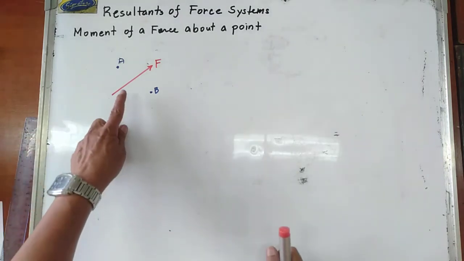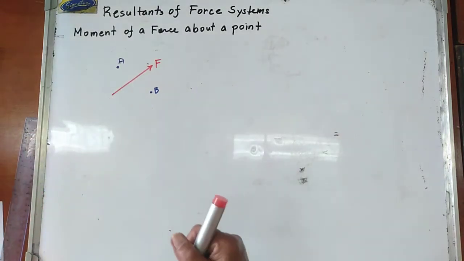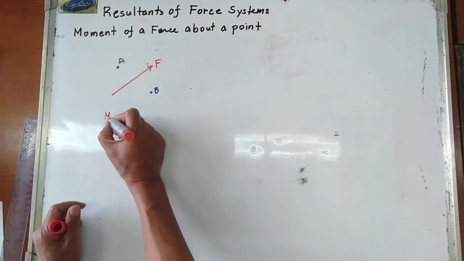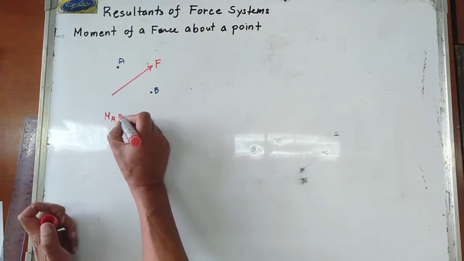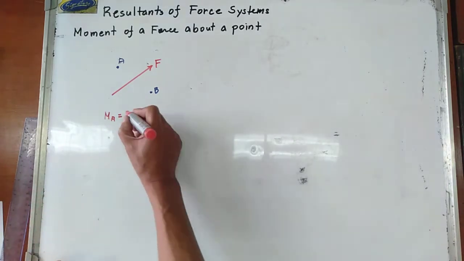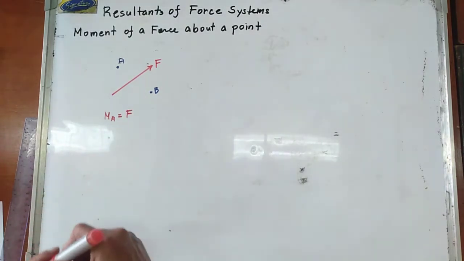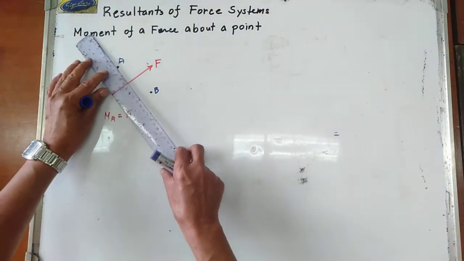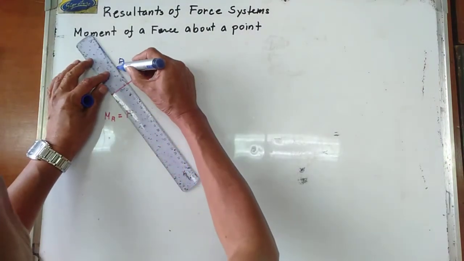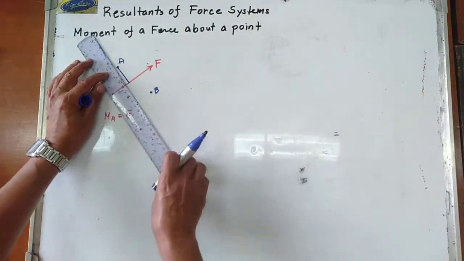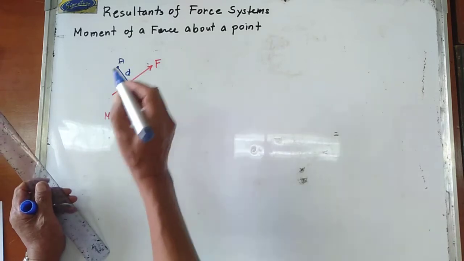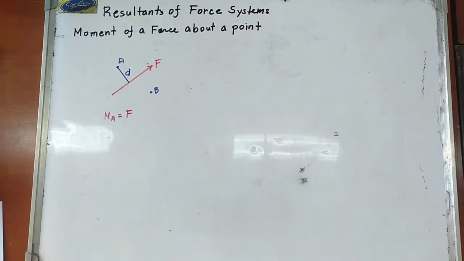So if this is now your force F, and if you're going to get moment about point A, this is equal to the force F multiplied by the moment arm, or we call that one the lever arm.